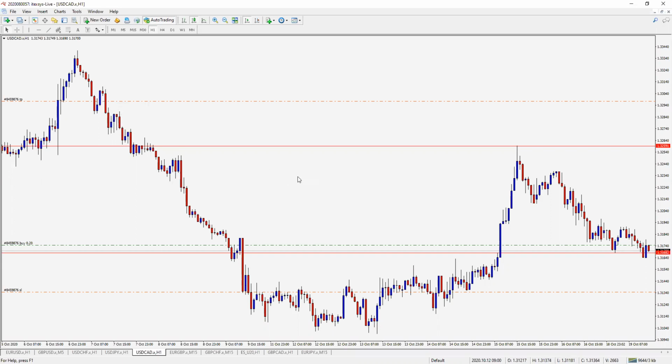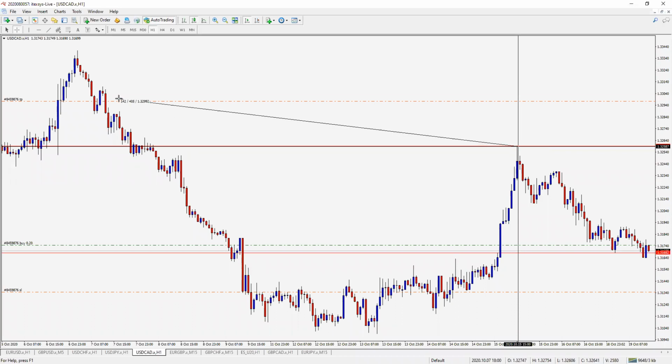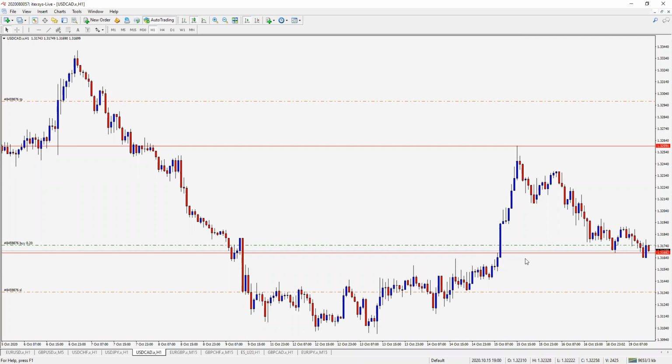Nothing is for sure, but this is my analysis and this is how I see this price action. I believe that if the price reaches this level already, there is a very good chance that the price tends to reach higher for the next available supply, which is this one. That's the reason I have a buy position here.